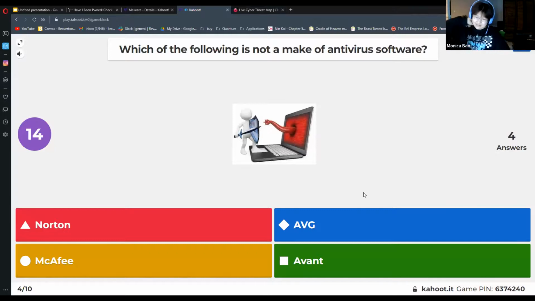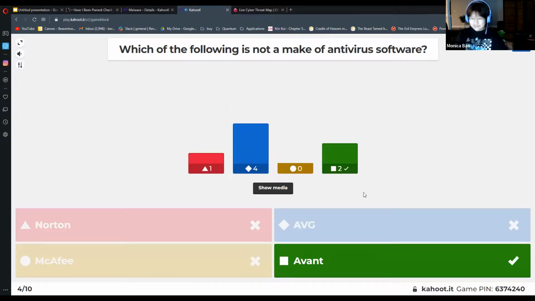I guess this one, you have to have a little more background information on what antivirus software is in the market. Okay, Norton is, I think, the one with the yellow check mark?